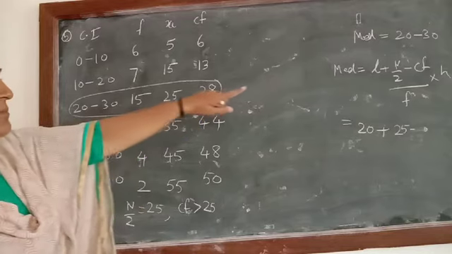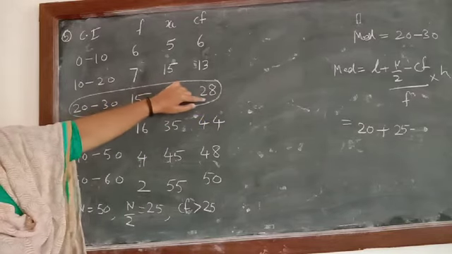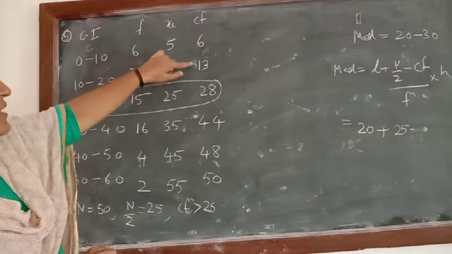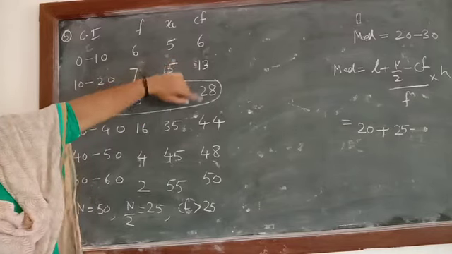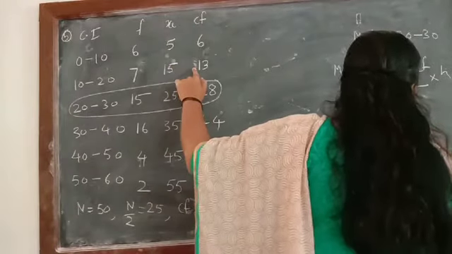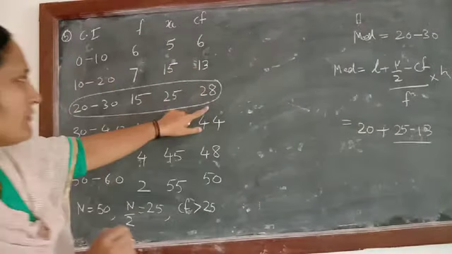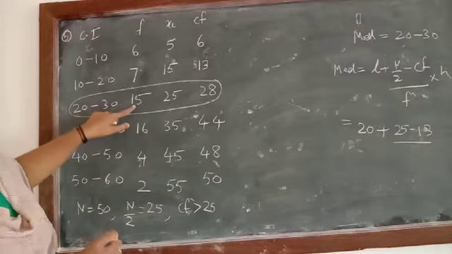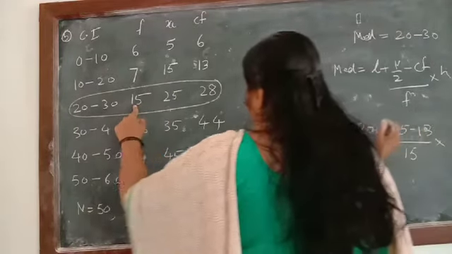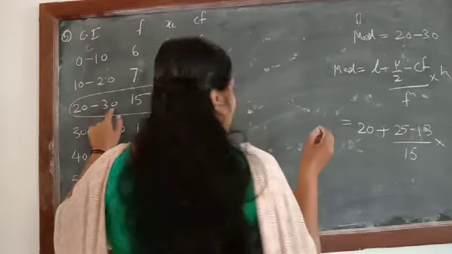Only you have to keep in mind, we are not writing the cumulative frequency of the median class. We are writing the cumulative frequency of the preceding class, previous class, that is 13. So 25 minus 13 by frequency of the median class. Frequency of the median class is 15 into H, class size of the median class.